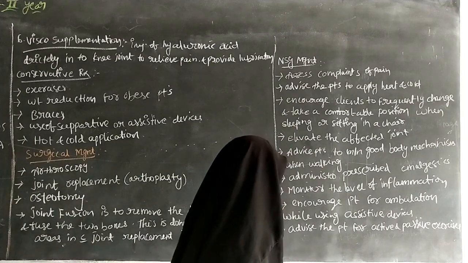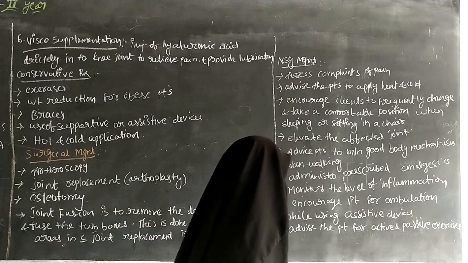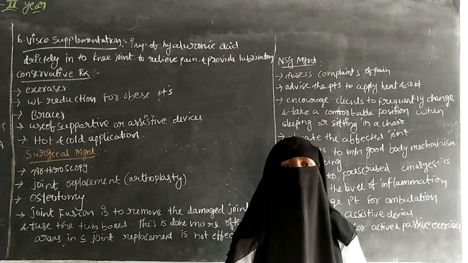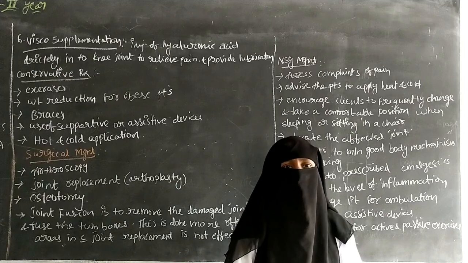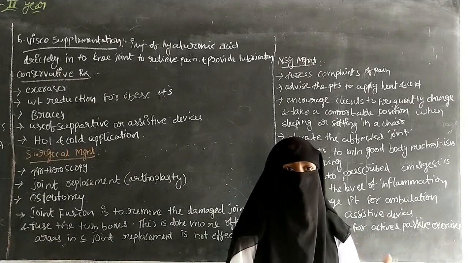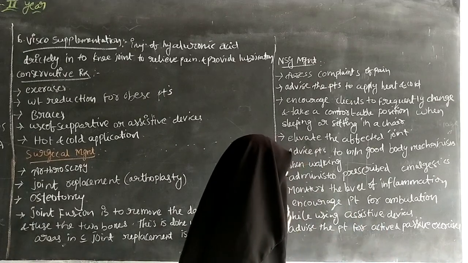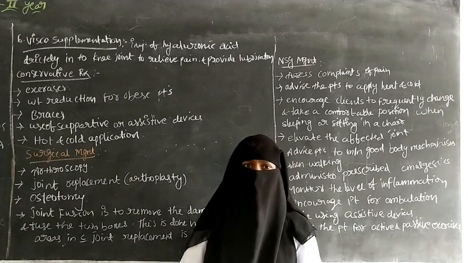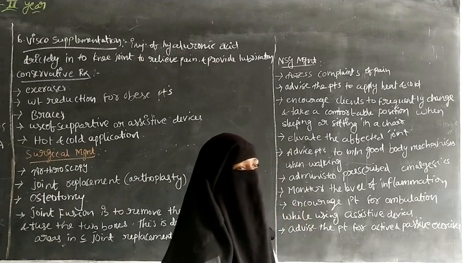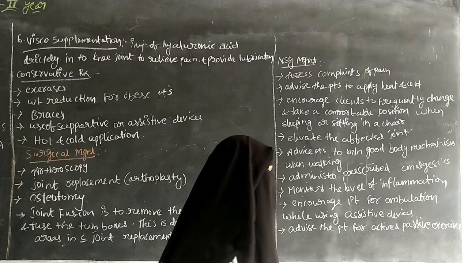And encourage the patient for ambulation while using assistive devices. The nurse has to encourage walking to improve the movement of the joint, using assistive devices such as a wheelchair or walkers.